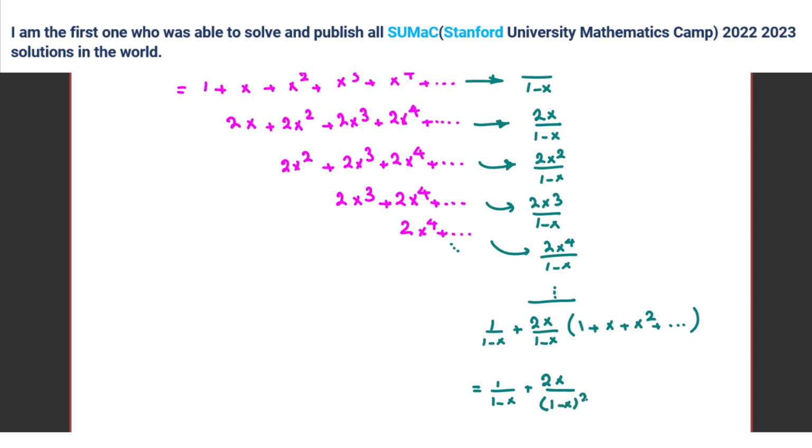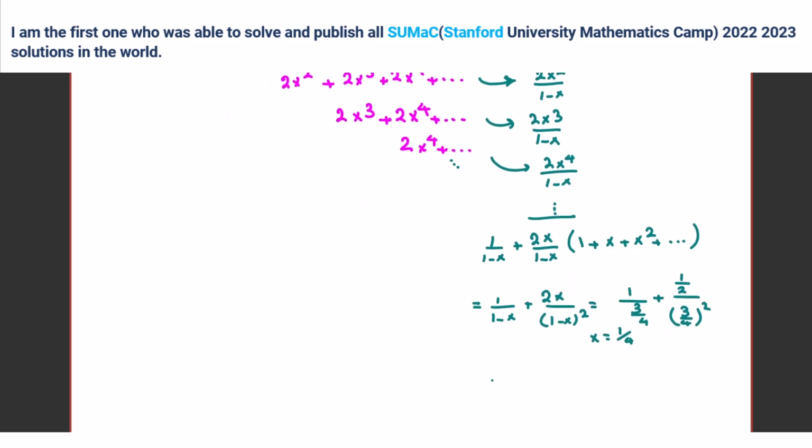So do you agree it will be 1 over 1 minus x plus 2x over 1 minus x squared, right? Now we know x is 1 over 4, right? So it's 1 over 1 minus 1 over 4, 3 over 4, plus 2 times 1 over 4, which is 1/2, times 3 over 4 squared, right? So it will be 4 over 3 plus 16 over 2 times 9, which is 8 over 9. So it will be 12 plus 8, 20 over 9 again.